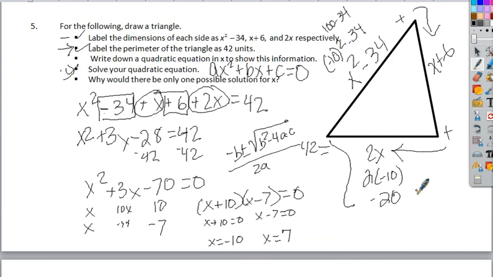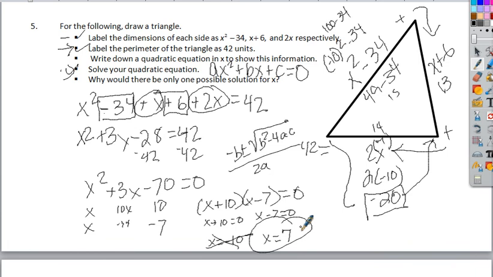Is it possible for a side of a triangle to be a negative measurement? Absolutely not. But it could be positive. 14, that will work. 13, that will work. And 49 minus 34, that will work. So 13, 14, 15, this is the only one that'll work.